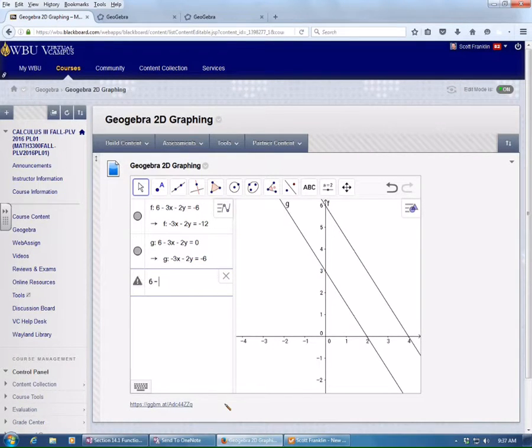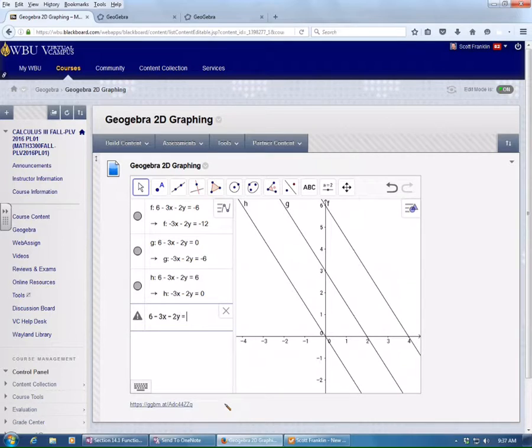Take 6 minus 3x minus 2y equals 6. And 6 minus 3x minus 2y equals 12. There are your 4 level curves that I ask you to graph.